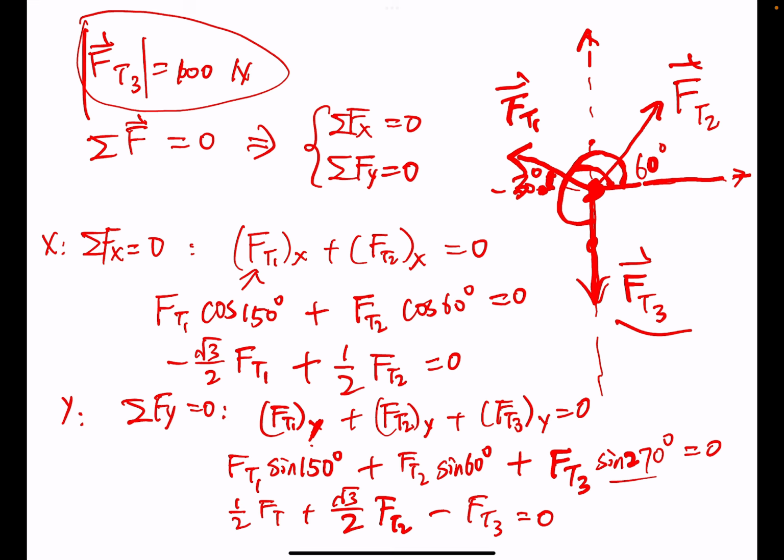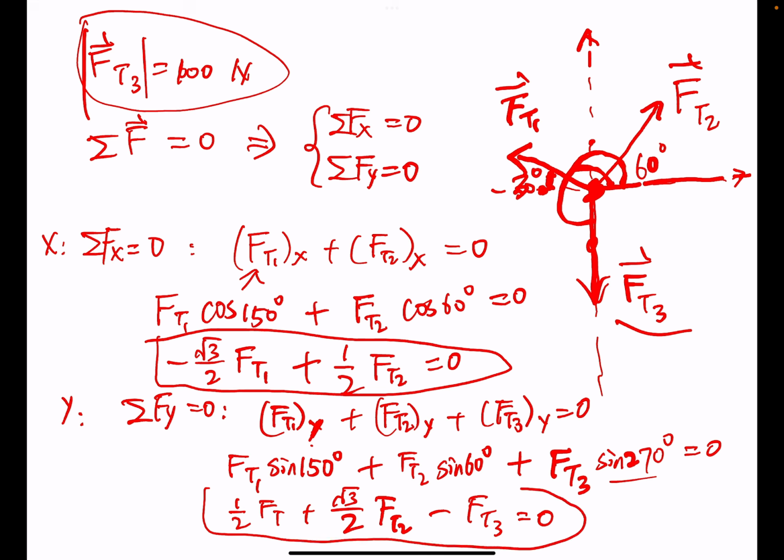So if you combine those two equations, with Ft3 replaced by 100 Newton, you see you have two equations now with two unknown variables. So you just need to be able to solve a set of two equations with two variables.